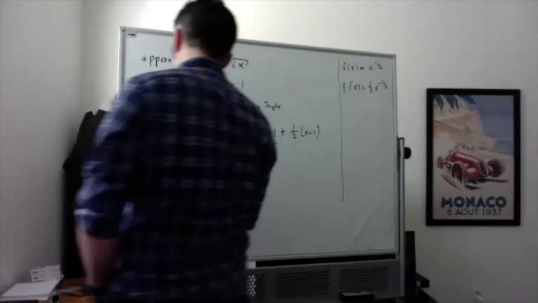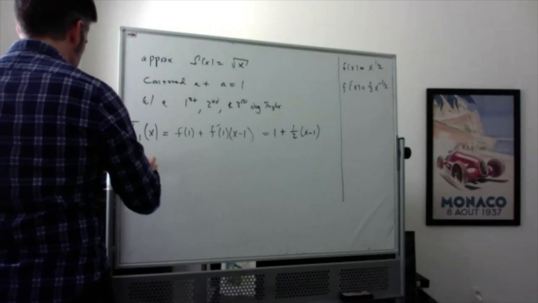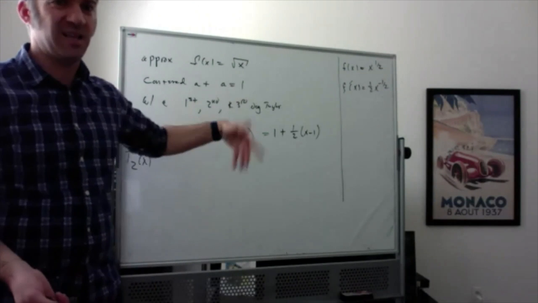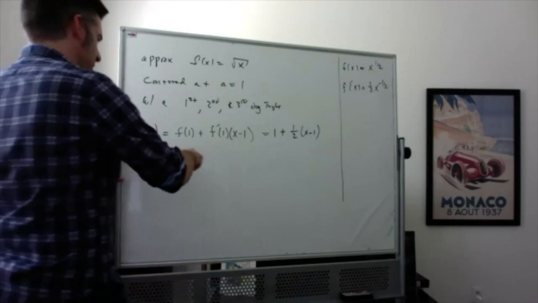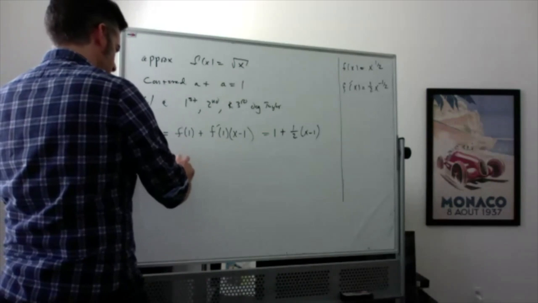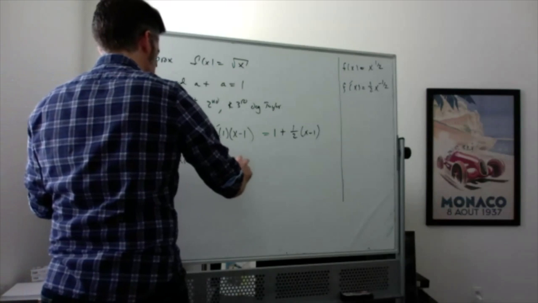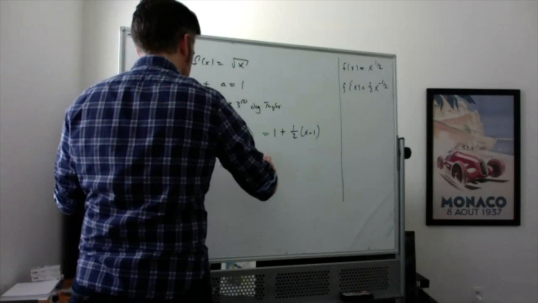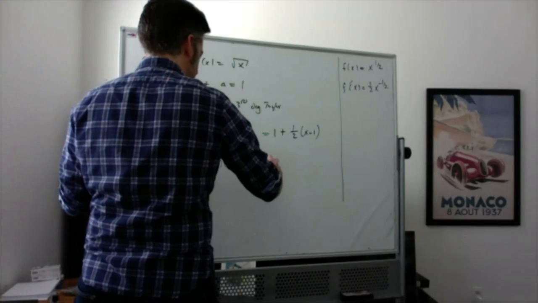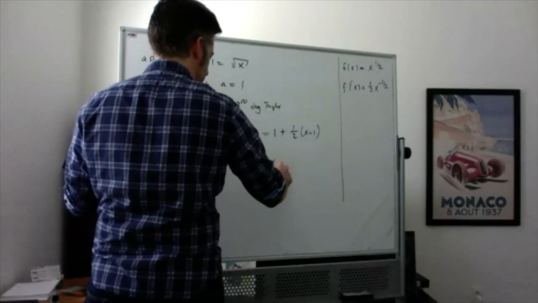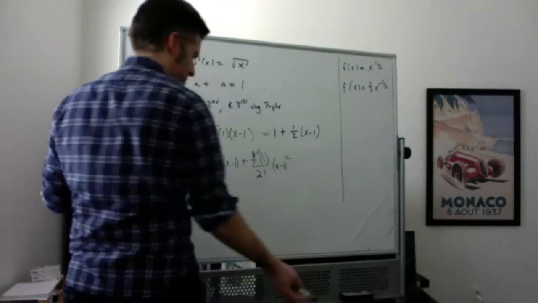Let's find the second degree one. The second degree one is going to be the first degree one plus the next term, right? It's going to be f of 1 plus f prime of 1 times x minus 1 plus f double prime of 1 over 2 factorial times x minus 1 squared.